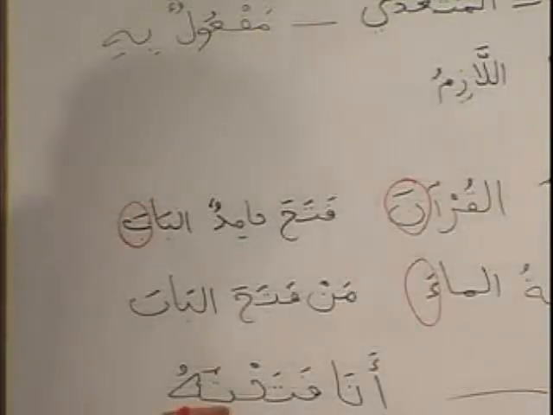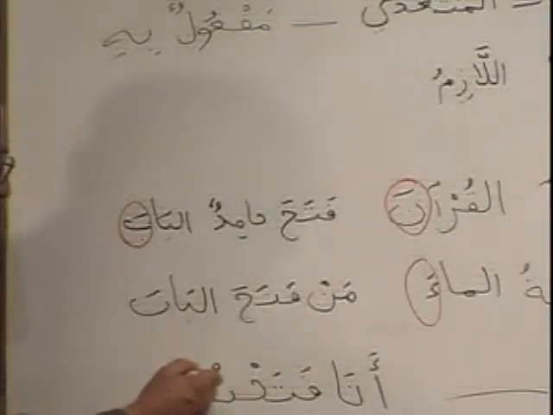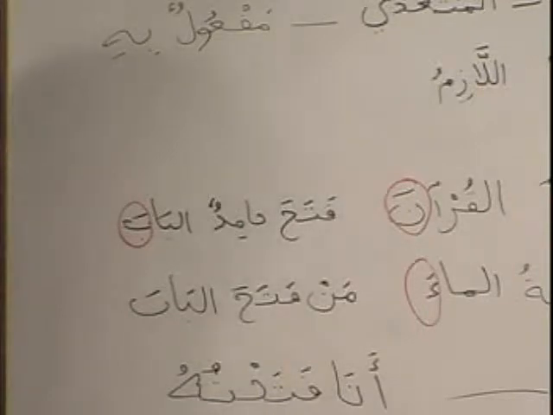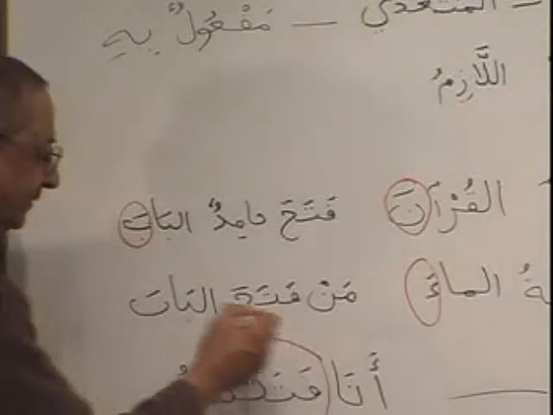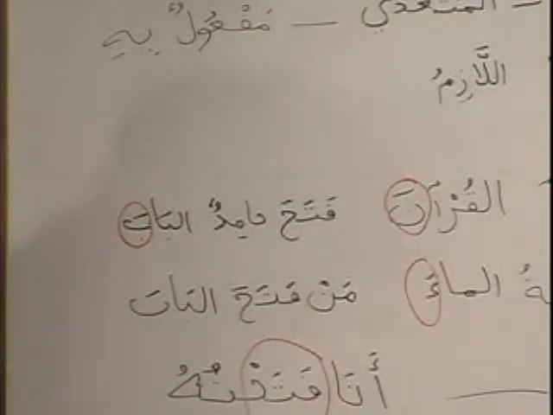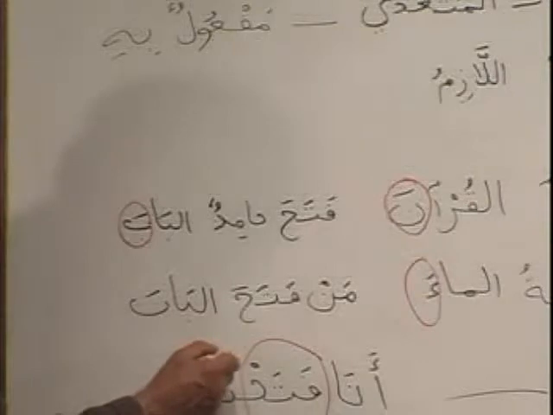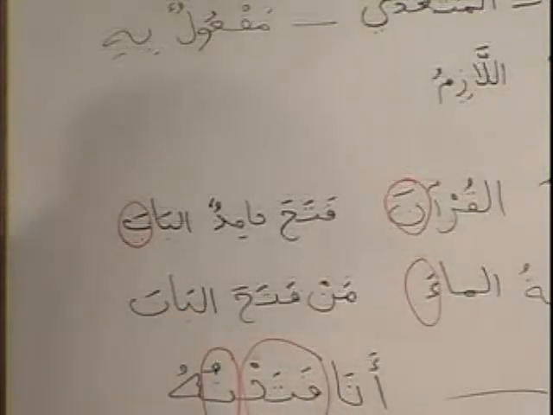So, fatahtuhu, break it down now, brothers and sisters. Break it down. How many words are there? 3 words, brother. Fatah, fi'l. Tu, fa'il. And then hu, maf'ulun bihi.